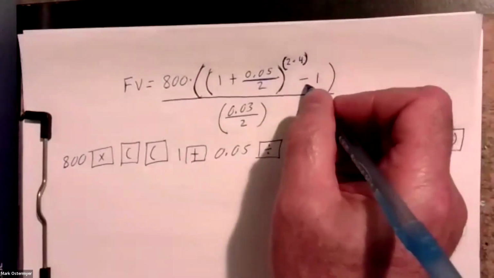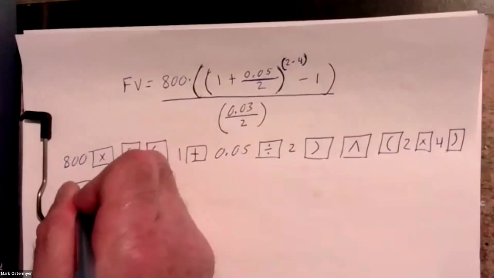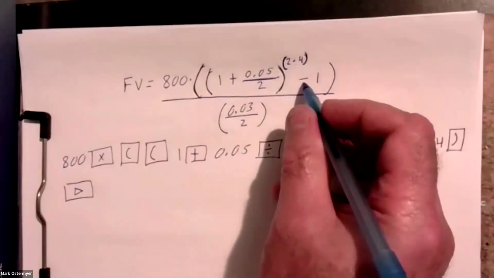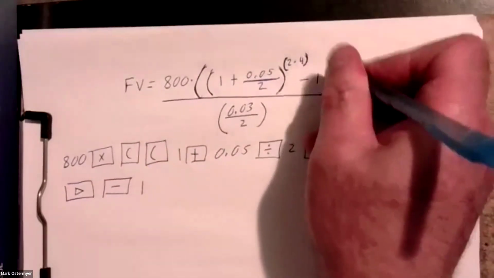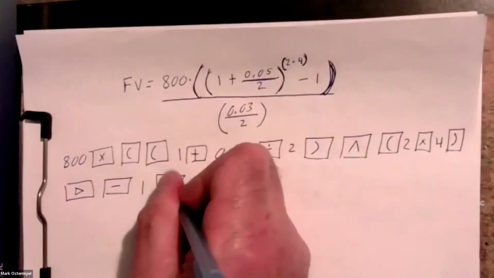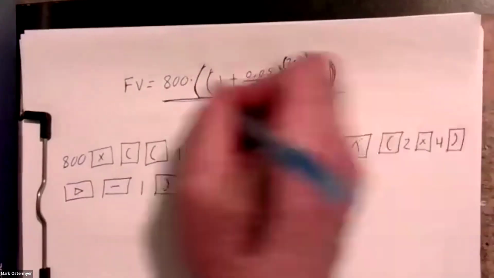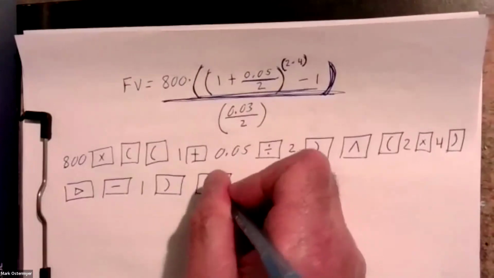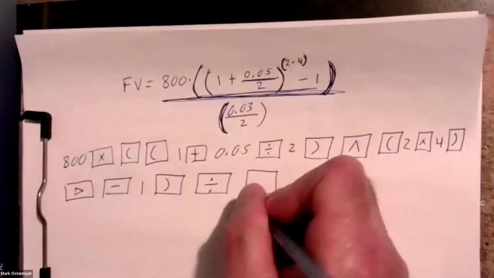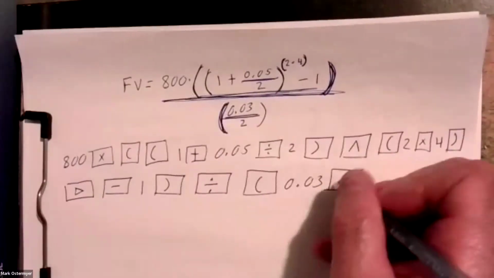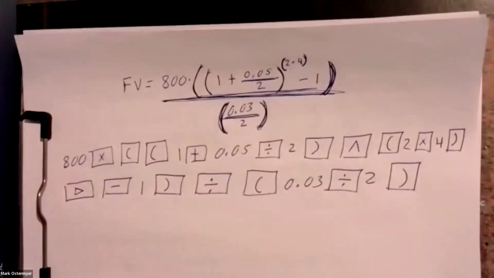Bring your cursor back down to level, right arrow key, minus or subtract 1, closed parenthesis, divided by, this fraction bar means divided by. Denominator now, I'm down here, open parenthesis, 0.03 divided by 2, closed parenthesis. That should do it, okay?